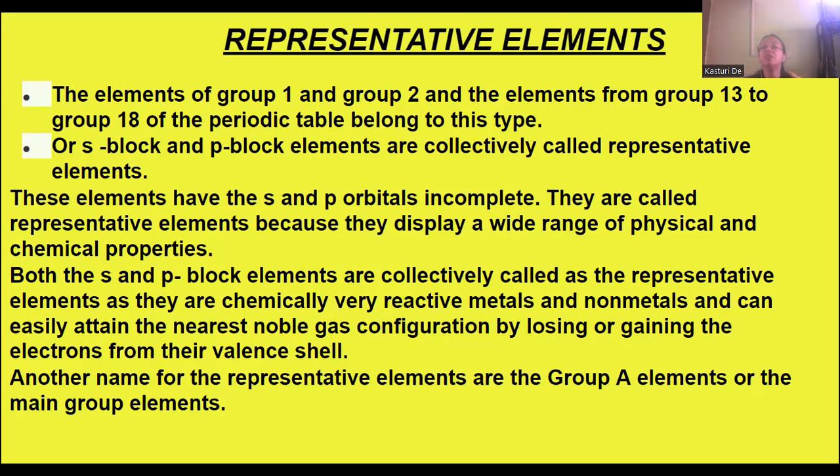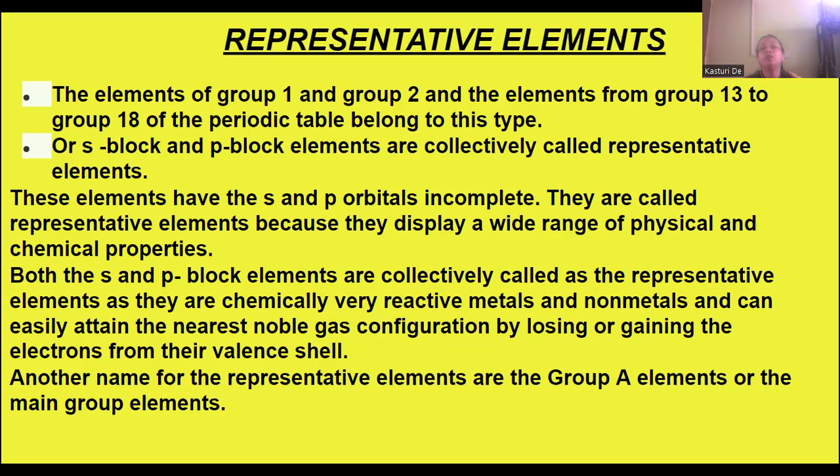In these elements, the S and P orbitals are incomplete. So they are called representative elements. Why? Because they display a wide range of physical and chemical properties. Also, they represent the elements of that group. That's why they are representative elements.